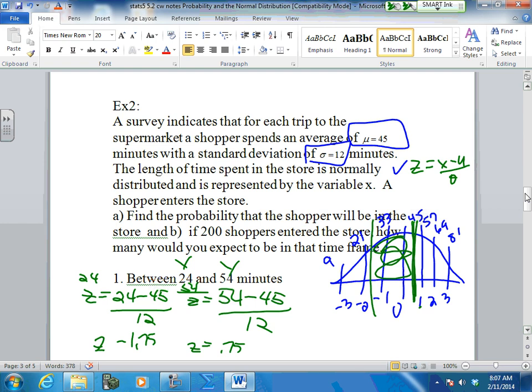So you're going to find your areas for these guys, and we can write it like this. The probability that your z-score falls between here and here, or the probability that your x-score falls between here and here. So now, you're going to find your probabilities and subtract them.